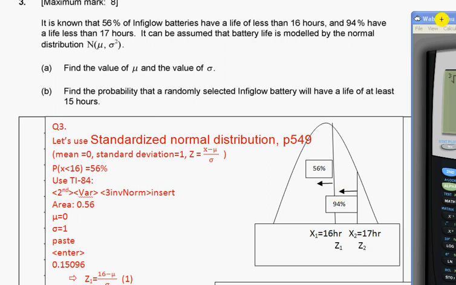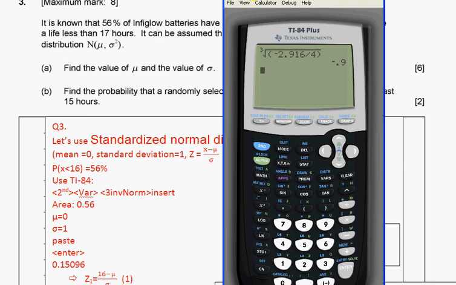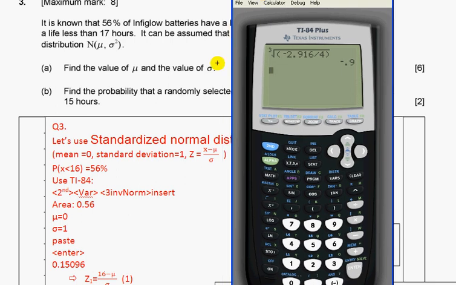So first we know that probability less than 16 equals 56%. So we press second vars. We need line 3, inverse normal, because we should find z.